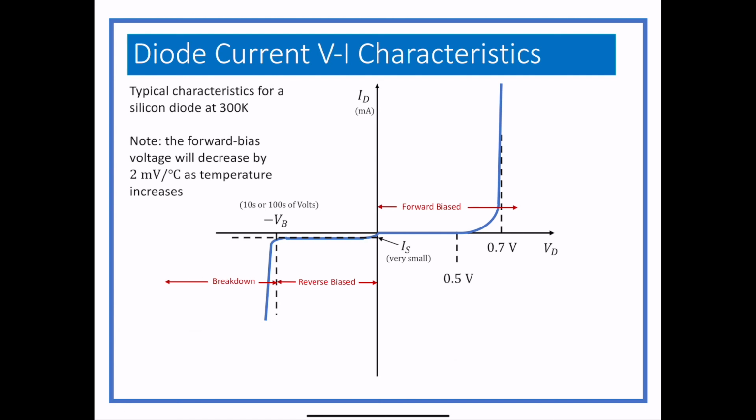So that current flows reverse until you get to a voltage, and the voltage that you get to, depending on the device, will actually cause current to flow massively. And that's known as the breakdown voltage. For normal silicon diodes, depending on the type, it could be 50 volts, it could be 100 volts.